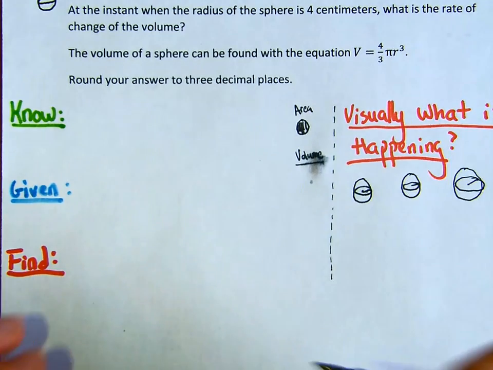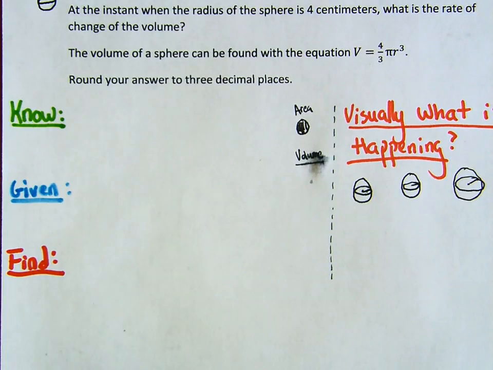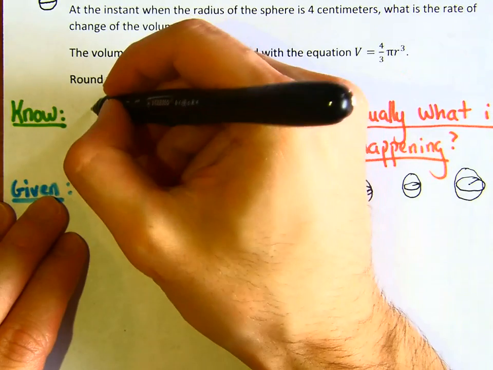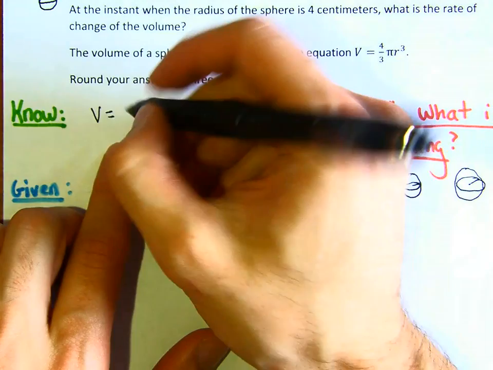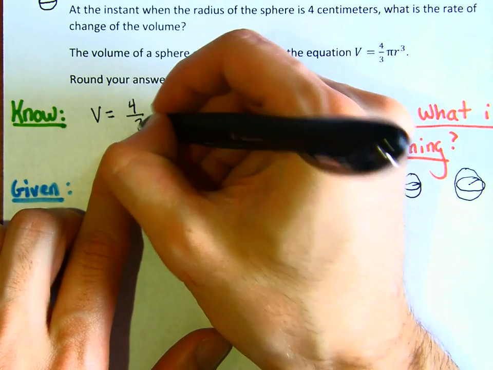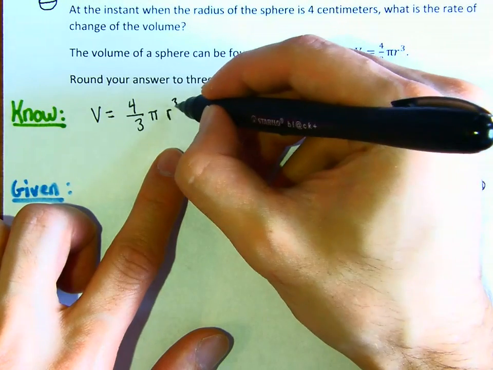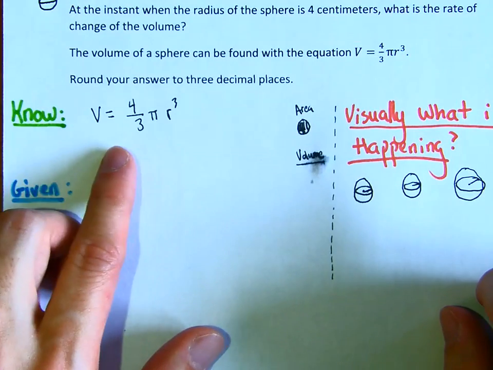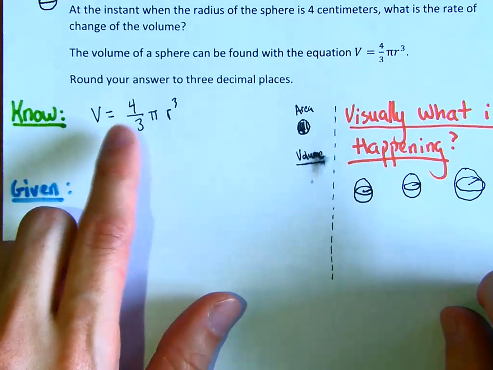So what do you know for sure? How do you find the volume of a sphere? You take 4/3 pi, and whatever the radius is, you cube it. This is just a core formula, the formula for the volume of a sphere.